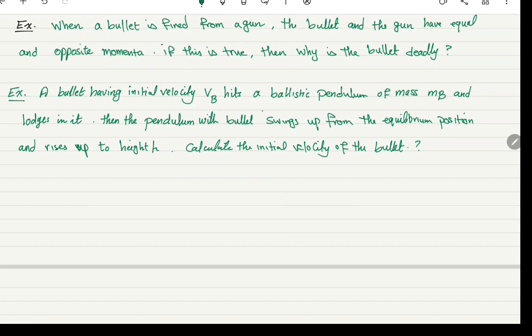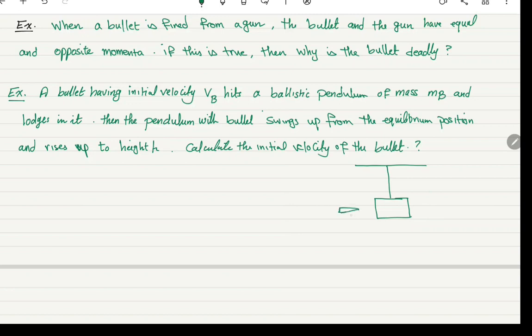A bullet having initial velocity v(b) hits a ballistic pendulum of mass m and lodges in it, sticking inside it. Then the pendulum with the bullet swings up from the equilibrium position and rises up to a height h. Calculate the initial velocity of the bullet. So here's the situation. So we have here the pendulum, and here's the bullet, this one here.